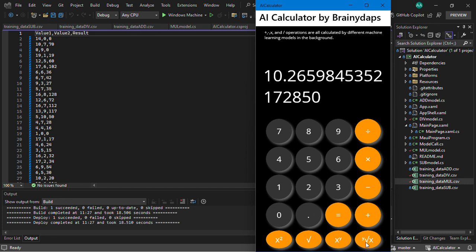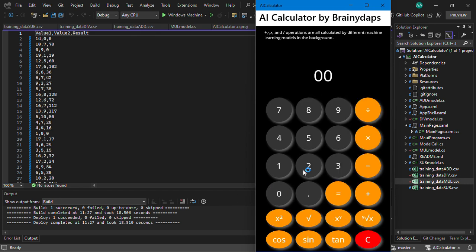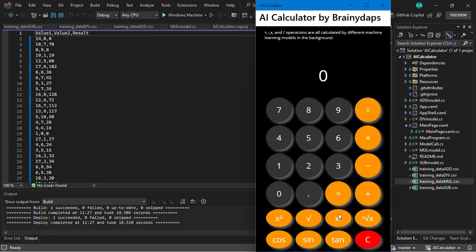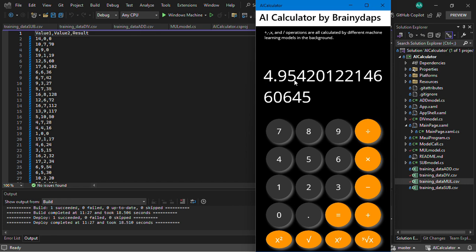Now what about 0 divided by anything? 0 divided by 5 should be 0. Okay, 0.4. Now what about 0 multiplied by 6? Let me clear this. 0 multiplied by 6 should be 0. It's giving us 4.9.